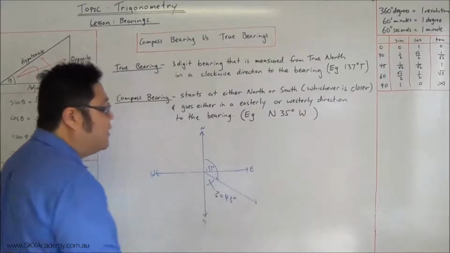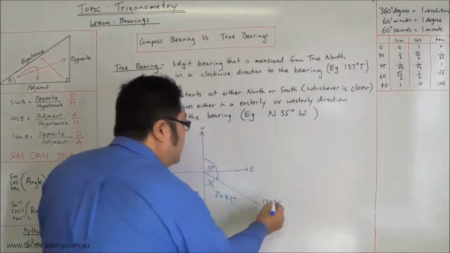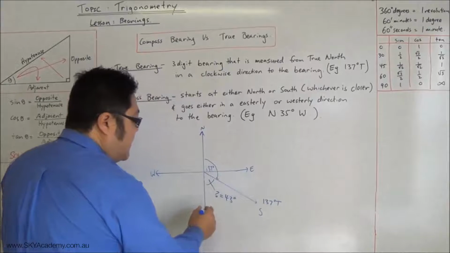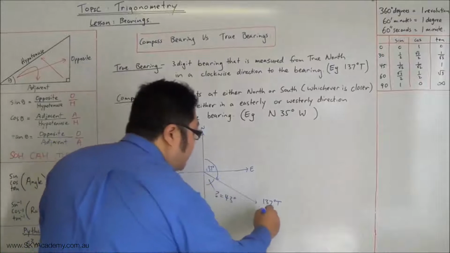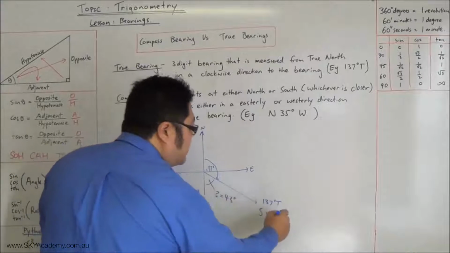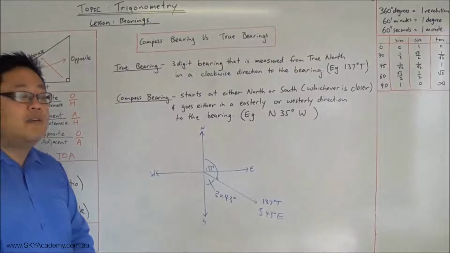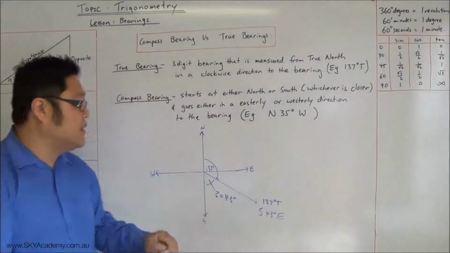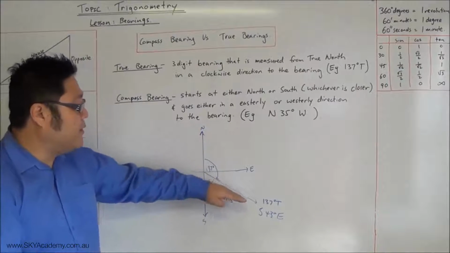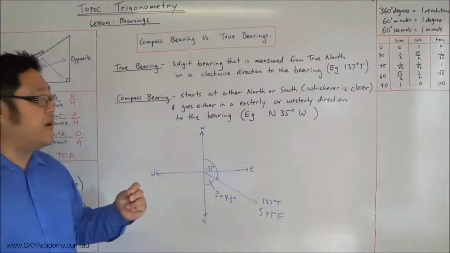So this bearing, not only is it called 137 degrees true, you could also call it south 43 degrees east, since you're starting in the south and going 43 degrees in an easterly direction. So it could be described as 137 true or south 43 degrees east.